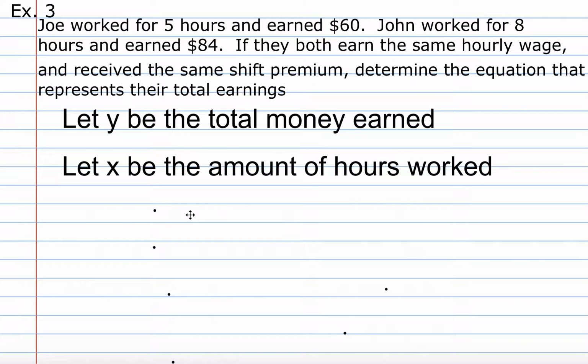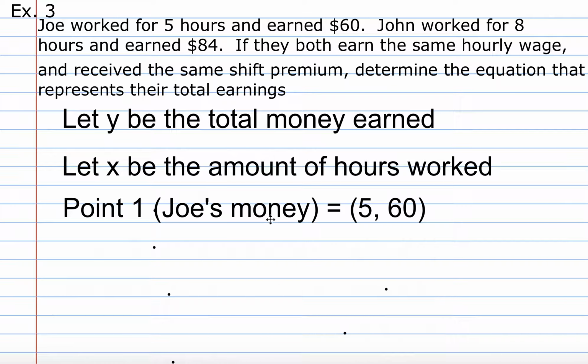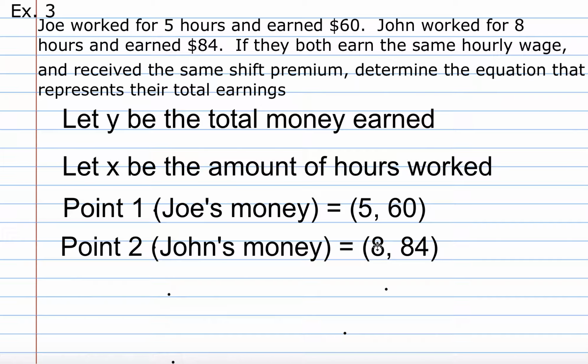Next thing we're going to have to do is find 2 points. Well, our first point is actually Joe's information. So our first point is 5 hours, which is our x, and he made $60, which is our y. We're going to do the same thing for John. We've got 8 hours, and he's made $84. So now we've got 2 points.